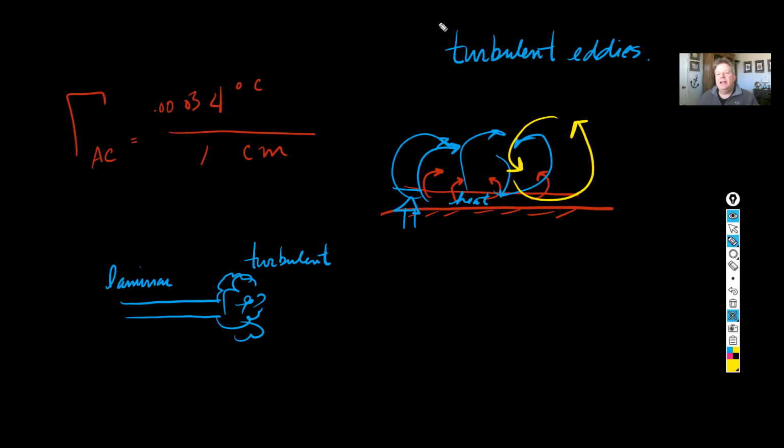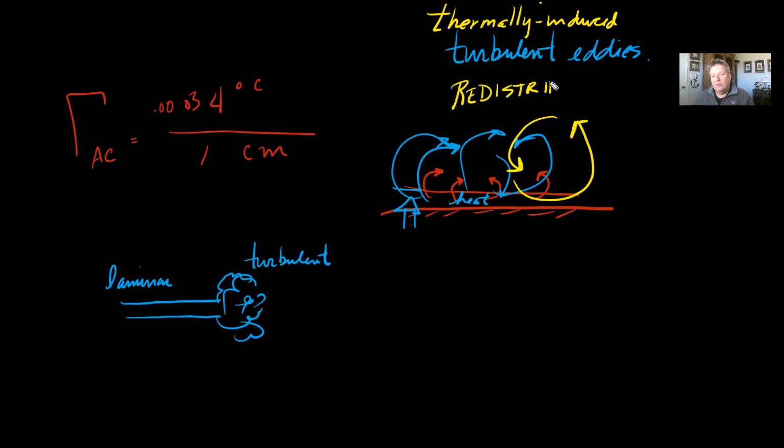Now these turbulent eddies are a result, they're what we call thermally induced turbulent eddies. That's what these are. And these eddies redistribute heat. That's what they do. And they're redistributing heat within part of the atmosphere.